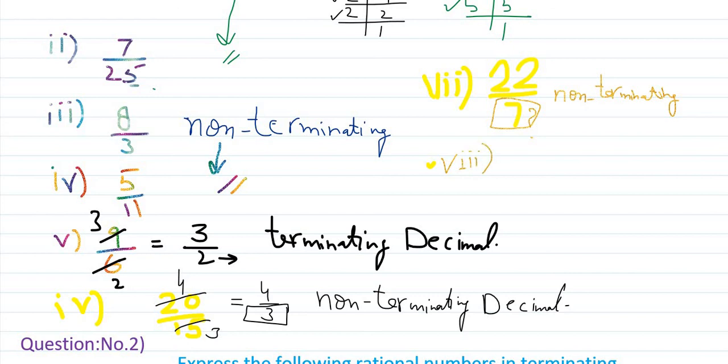Part number 8 is 4/9. When we take the prime factors of 9, or when we take the LCM of 9, we get 3 threes are 9, 3 ones are 3. There are the digits 3 and 3, so this is also non-terminating.